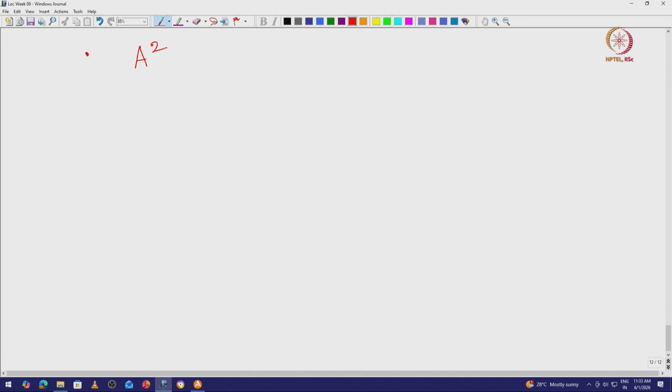A square equal to plus minus 1, whereas for unitary... and we are going to talk about only discrete symmetry. So from now onwards, if I do not say discrete symmetry, it is almost implied.